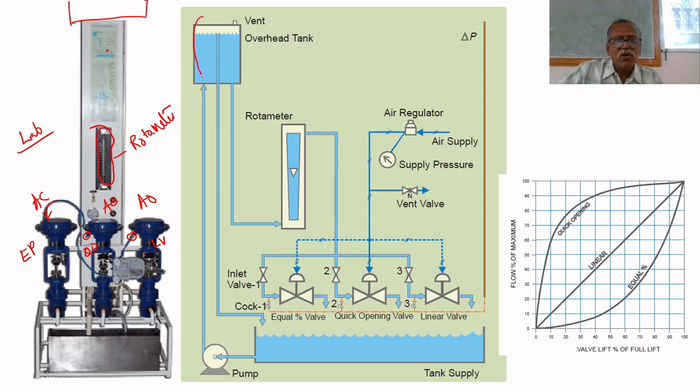This is the overhead tank. This tank is filled by a pump. Behind this sump, this is the sump, one pump is there, that will pump from the sump to the overhead tank.